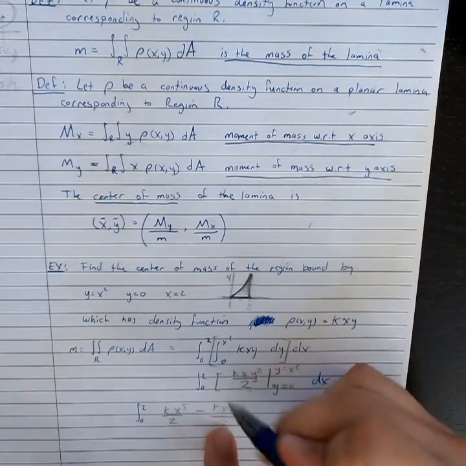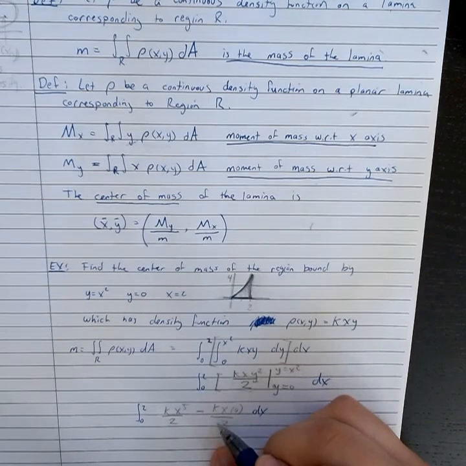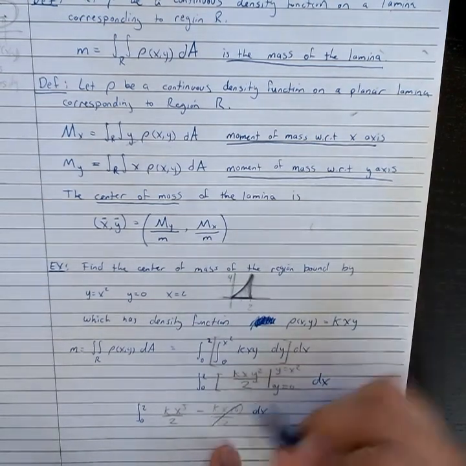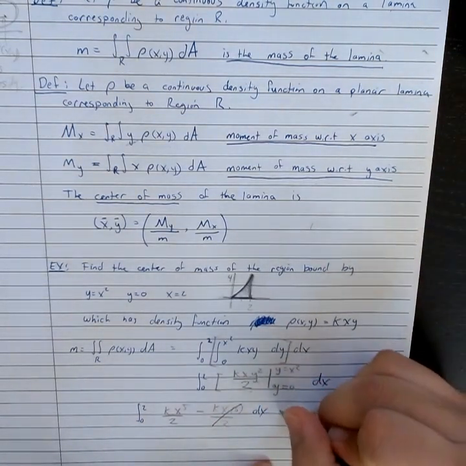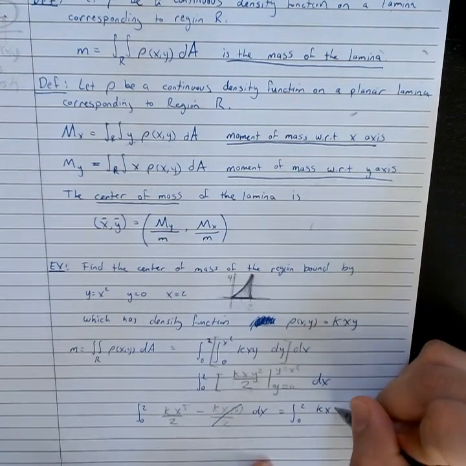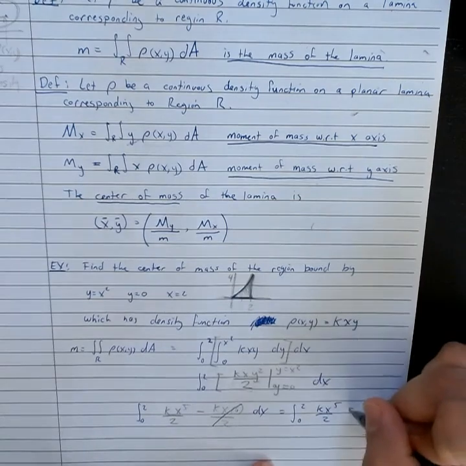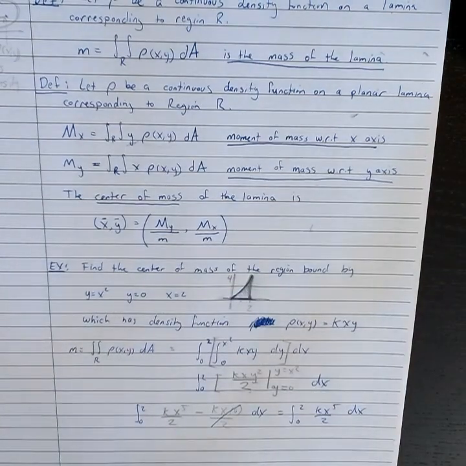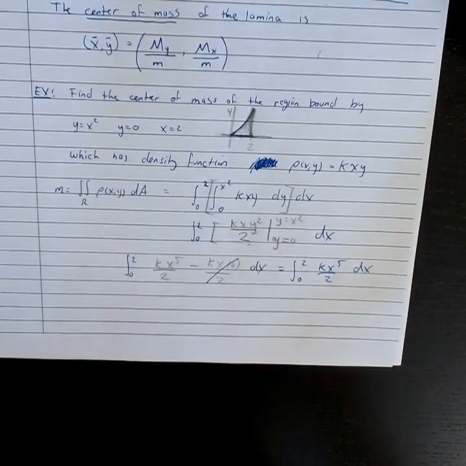And, of course, anything times 0 is 0, so this part just goes away. That's 0. And so we're left with the integral from 0 to 2 of kx to the 5th over 2 dx. And that's a nice simple integral that we can take.